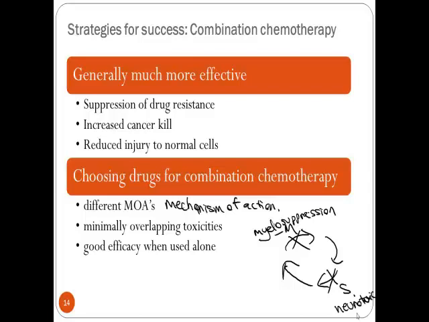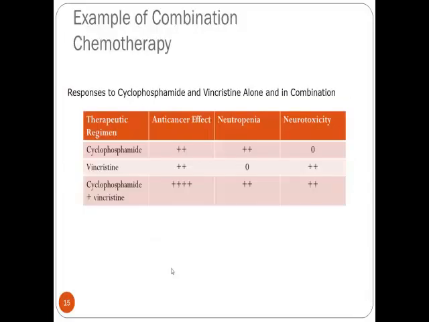And then the third quality of choosing drugs is that these drugs work well when used alone, right? So you want drugs that are effective so that when you combine them, they're twice as effective or they have a synergistic effect.